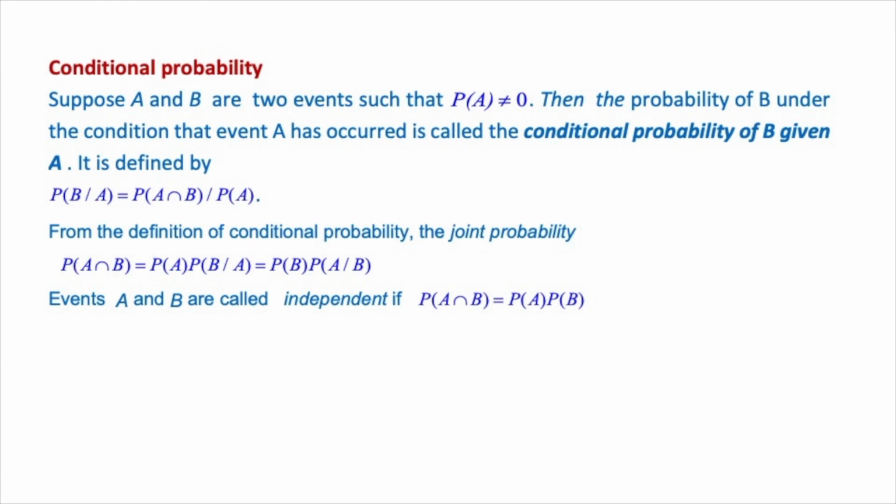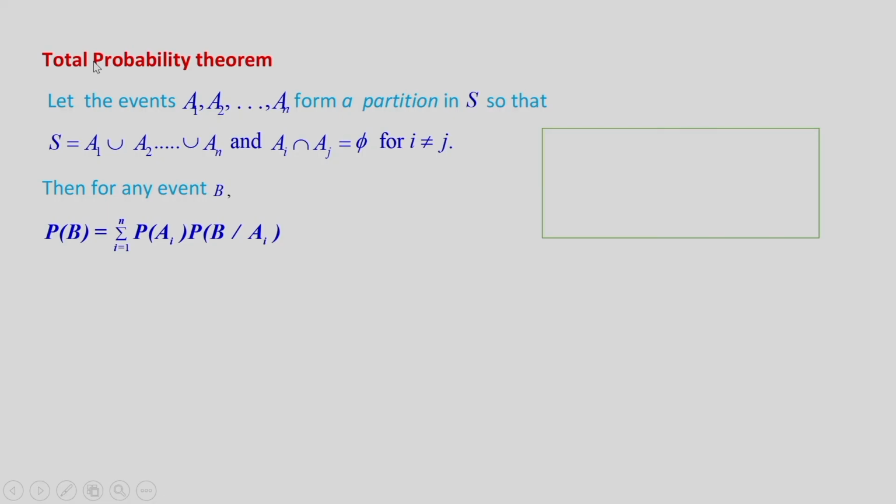In the case of independent events, the joint probability is the product of the individual probabilities. This is a very important concept, independence. What does it imply? It is a property of probability, that the probability of a joint event is the product of the probabilities of the individual events.